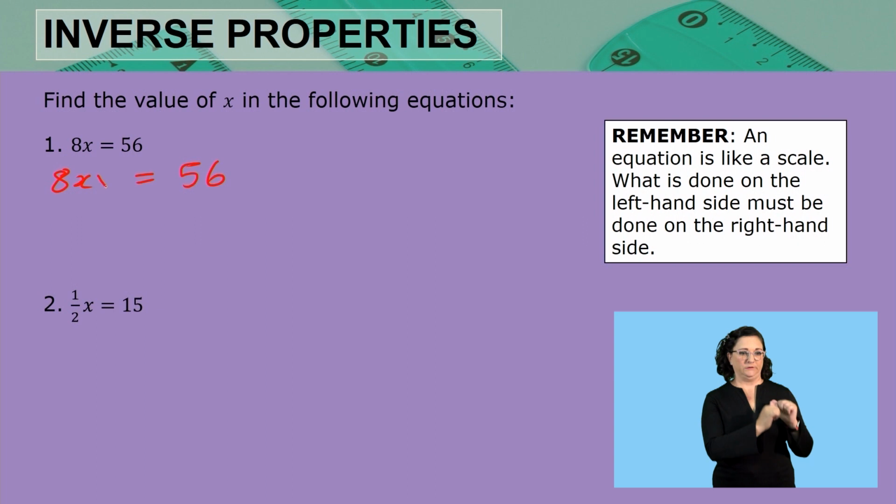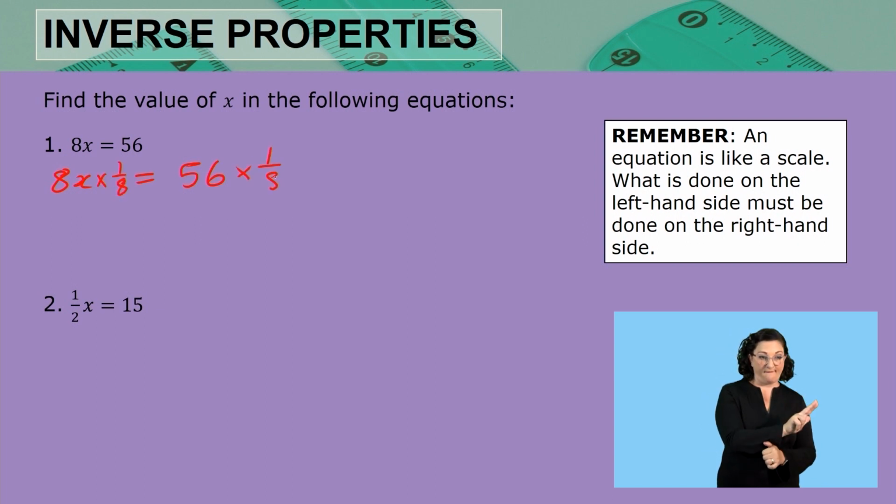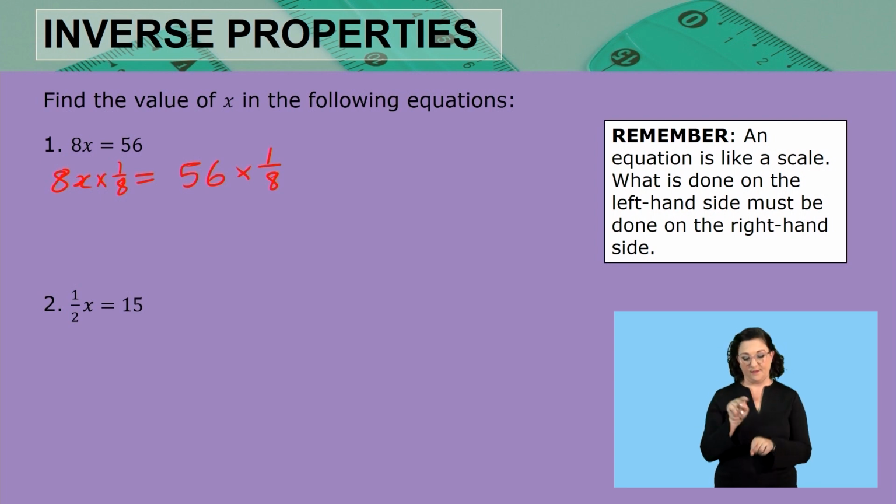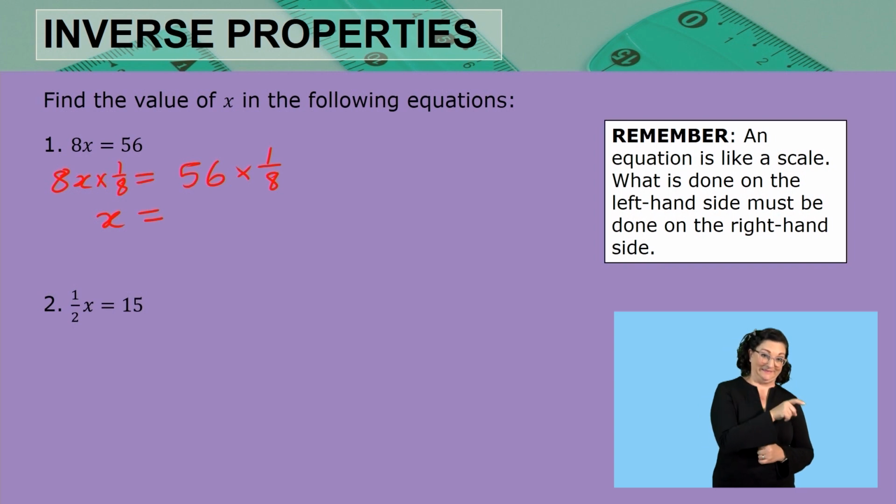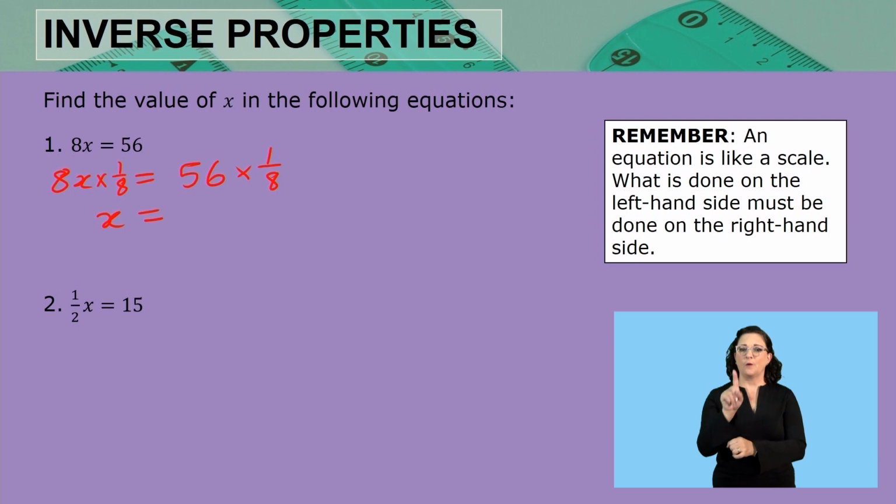So I multiply by 1/8 on both sides, because what we do on one side must be done on the other side as well. So 8 multiplied by 1/8 is going to give me 1x. And 56 multiplied by 1/8 is going to give me a 7.